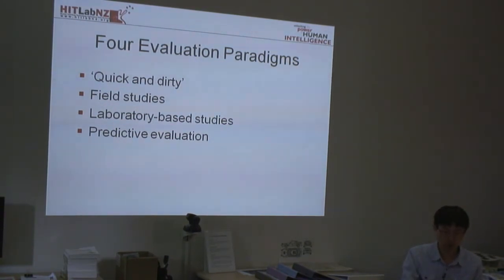And then there's also another type of evaluation called predictive evaluation, which is based on experts or guidelines. So there are some heuristic guidelines in the HCI field, such as, for instance, you can easily think of something like an error message should be appearing at the center of the screen to make it more visible and so forth.